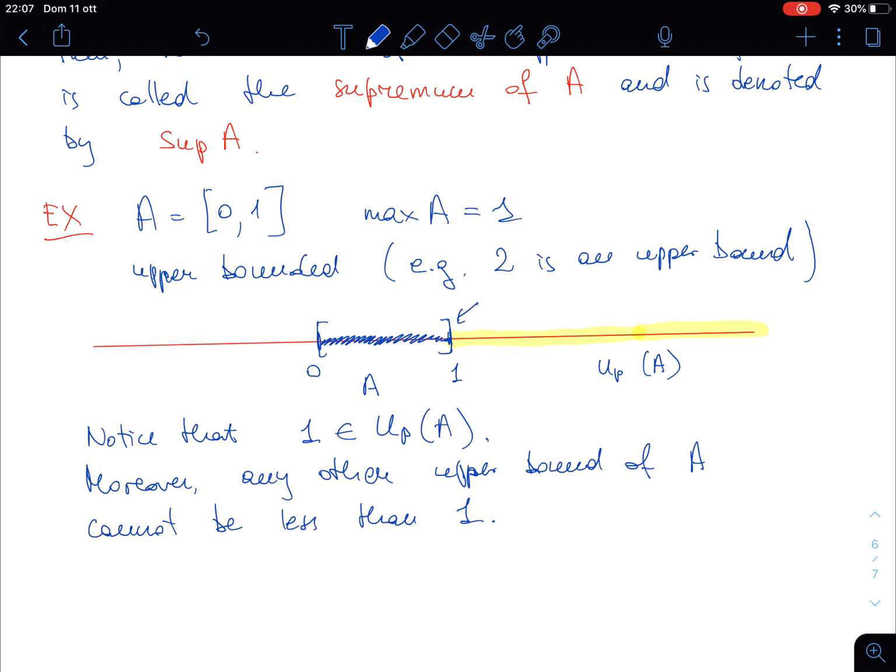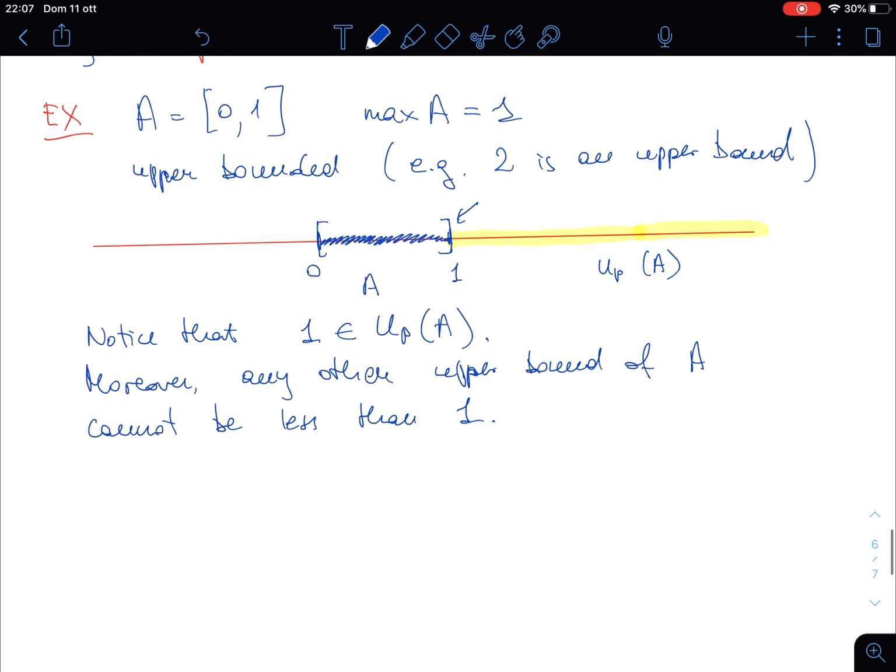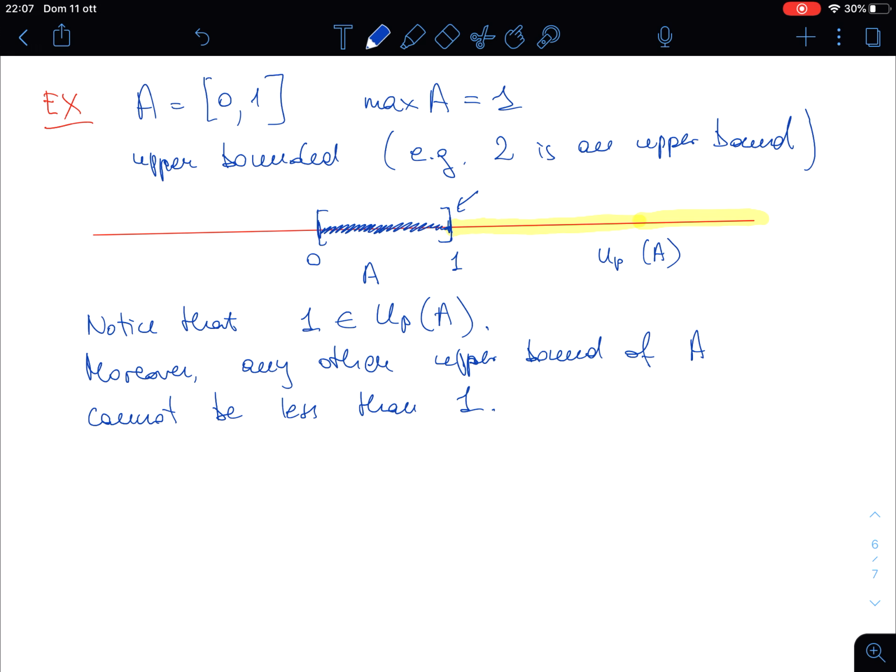So the conclusion is that 1 is the minimum among all upper bounds of A, so 1 is the supremum of A.